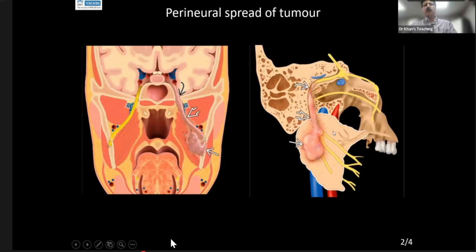When there is a tumor in the parotid gland, there can be perineural spread through the facial nerve, and it can go up into the IAM, just like our case. Similarly, in masticator space tumors, it can go up like this into the foramen ovale.